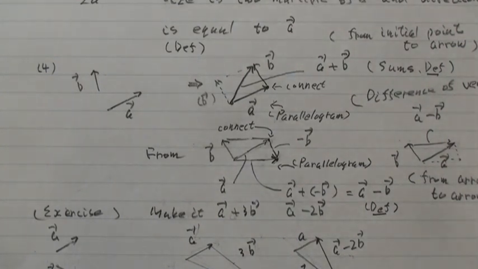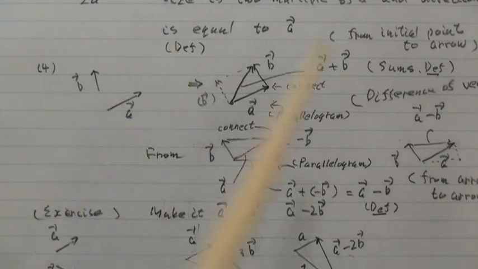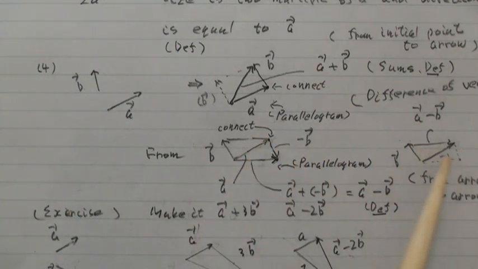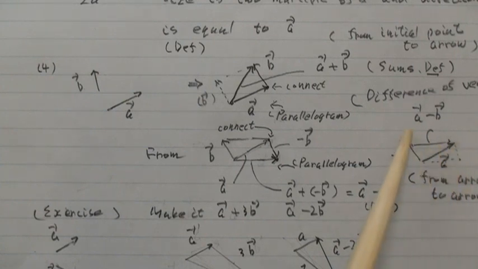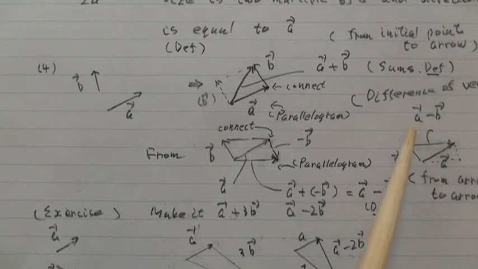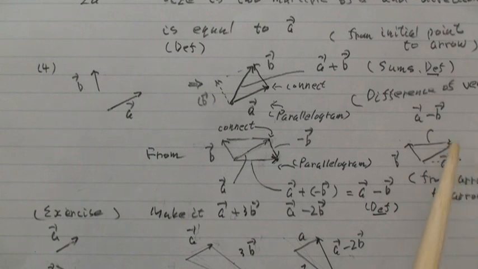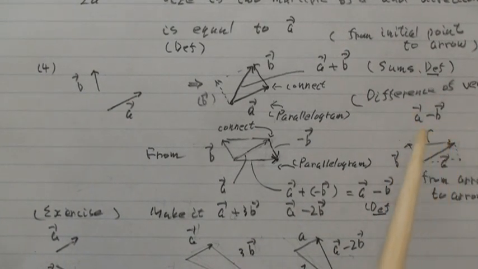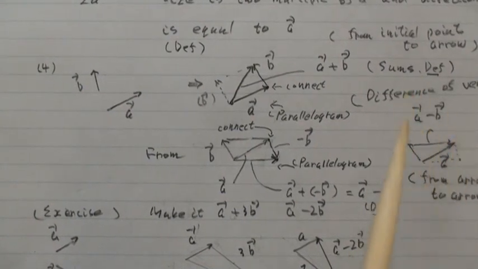Okay, this vector equals a minus b vector.